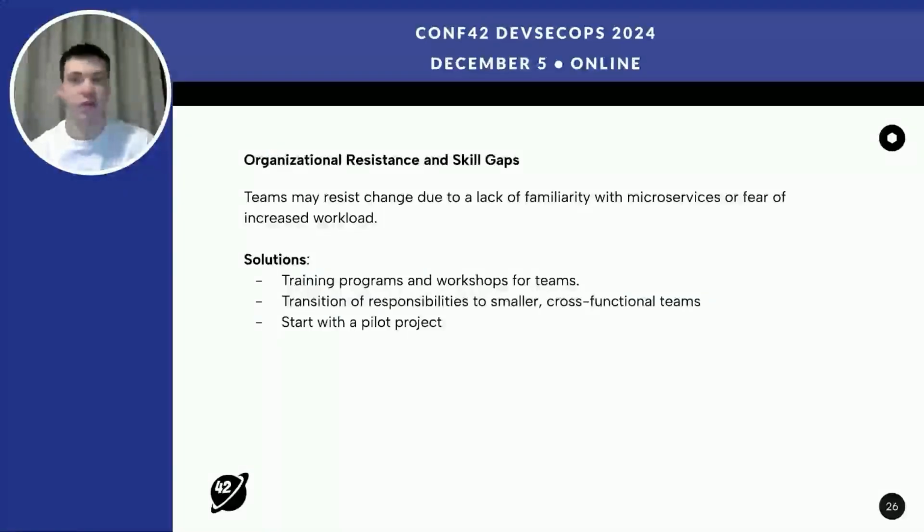I've mentioned before that microservices introduce some HR problems, such as team and organizational resistance and skill gaps. Teams may resist change due to lack of familiarity with microservices or fear of increased workload, and you probably will have to organize training programs and workshops and maybe transition responsibilities between team members and groups of developers.